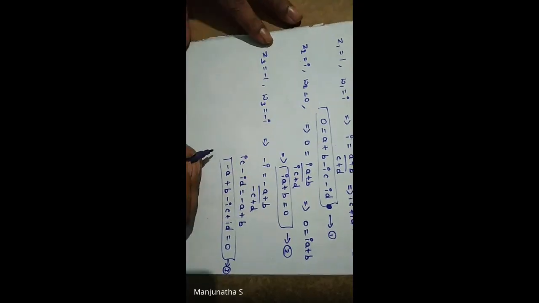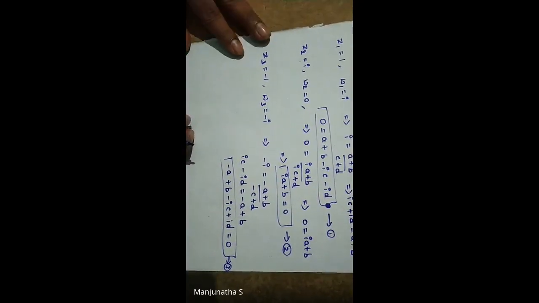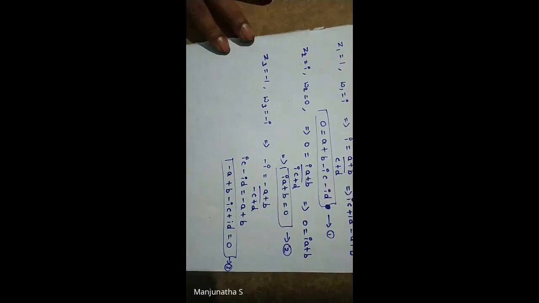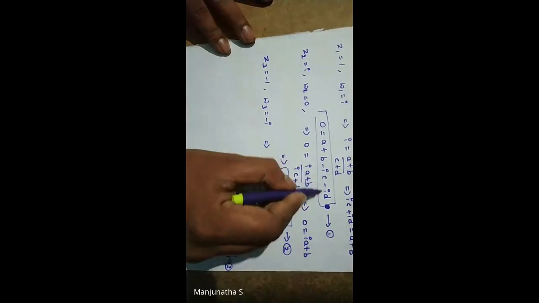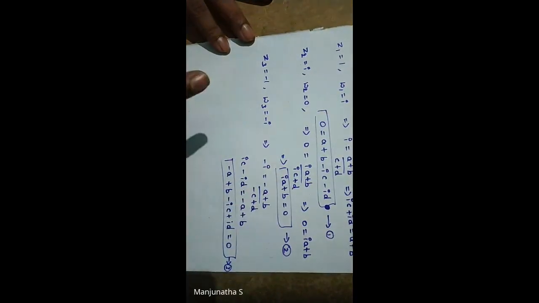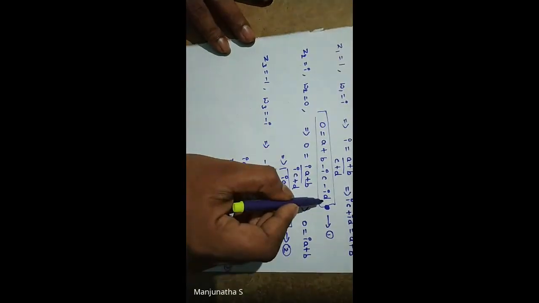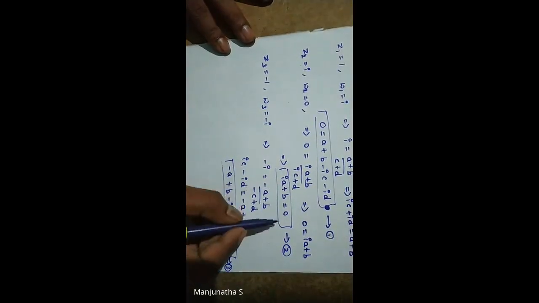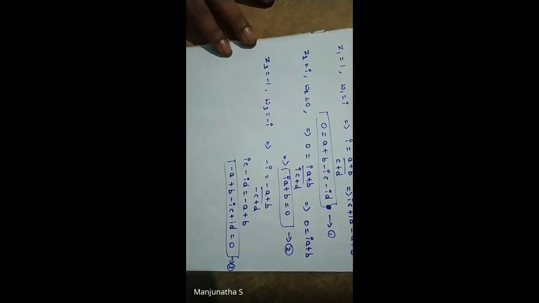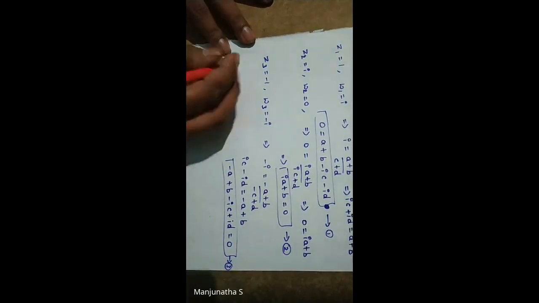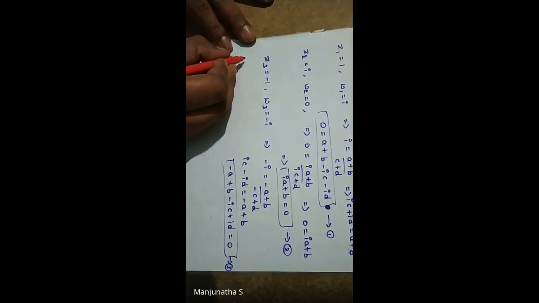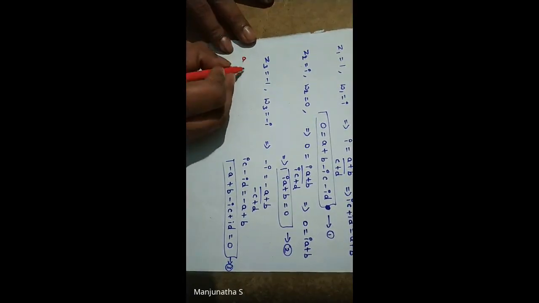Very, very important: choosing two equations for the cross multiplication method. All 4 constants cannot be taken for the cross multiplication method. Here we need at least 2 equations for cross multiplication. In the first equation all 4 coefficients are there. The second equation we can take, a and b.